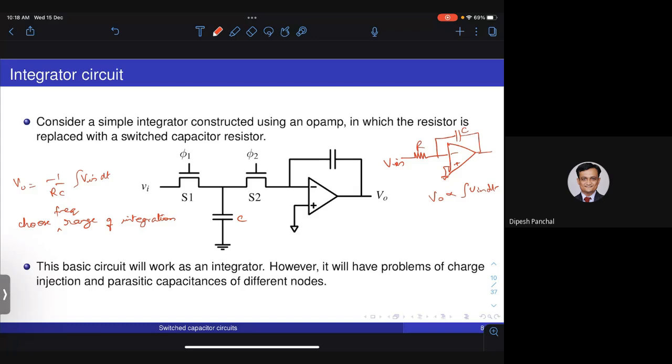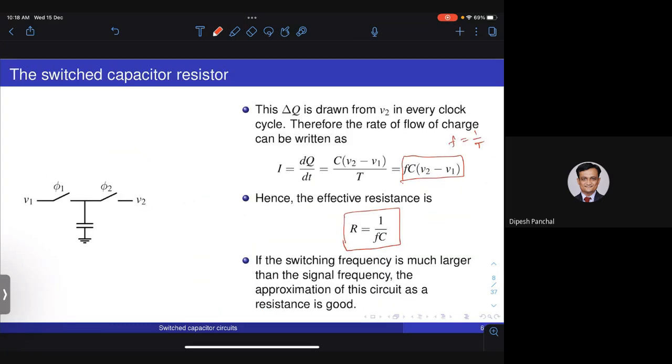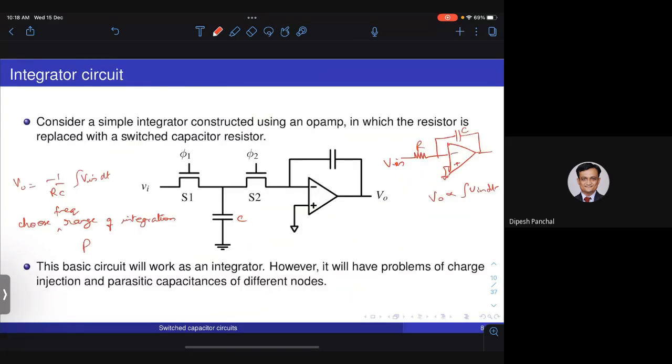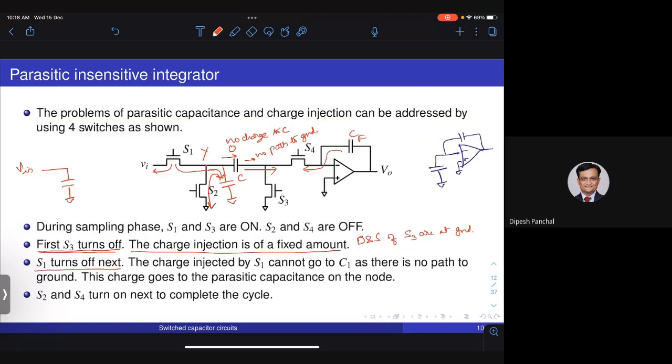So in this case, R is simply given by 1 over F times C. By using a suitable value of R, you first calculate what R should be for that particular range of frequencies of integration, and then just use a C depending on what clock frequency you have in the system. 1 over F times C should be equal to R. That is all there is to the design of the integrating capacitor C. CF is of course the same as what you do in the normal integrator.